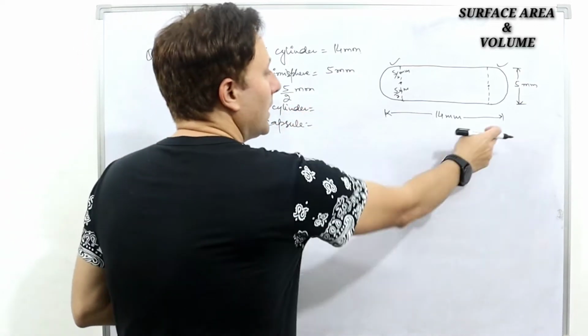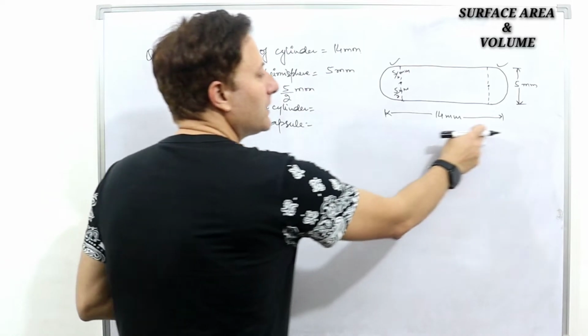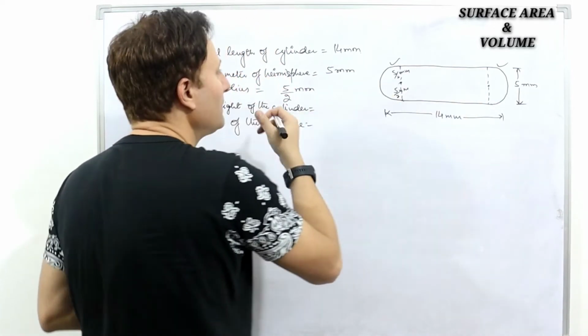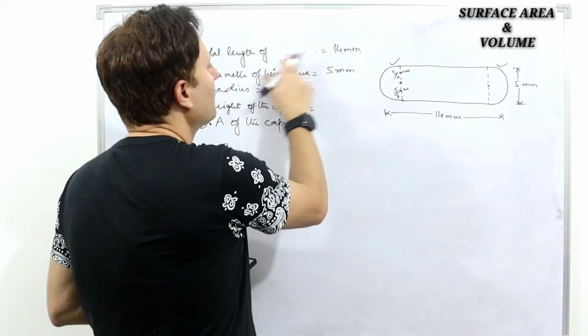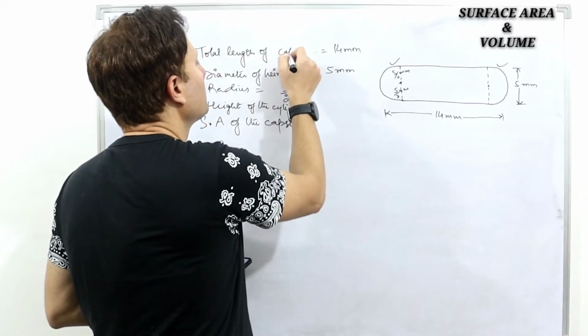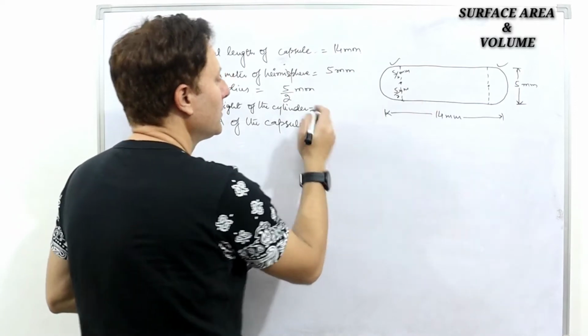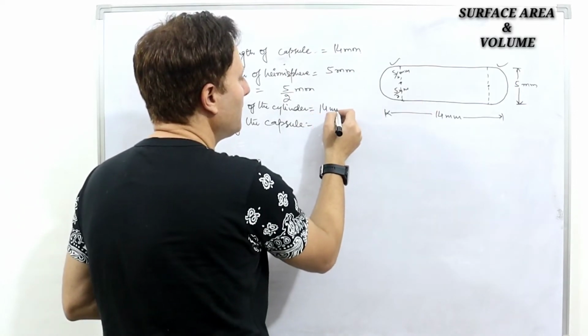Now the actual length of the complete capsule is 14 mm. So I'll write it as capsule. Now the height of the cylinder will be 14 mm.